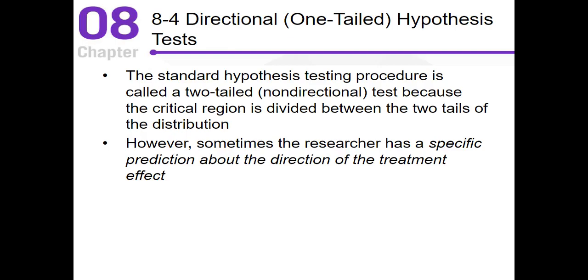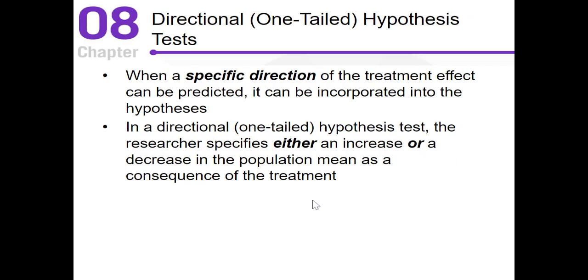When it comes to the direction of our hypothesis test, the tail typically tells the tale. So the standard hypothesis testing procedure is called a two-tail non-directional test because the critical region is divided between the two tails of the distribution. However, sometimes the researcher has a specific prediction about the direction of the treatment.